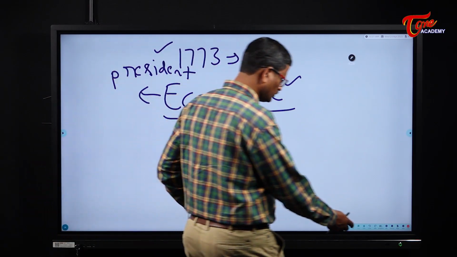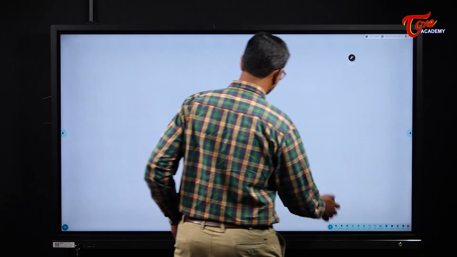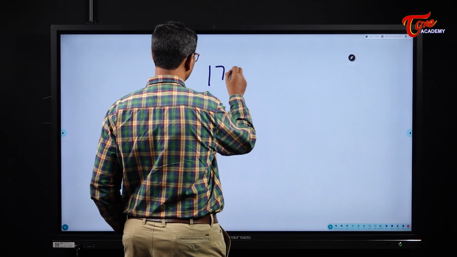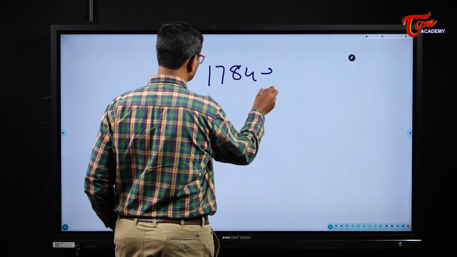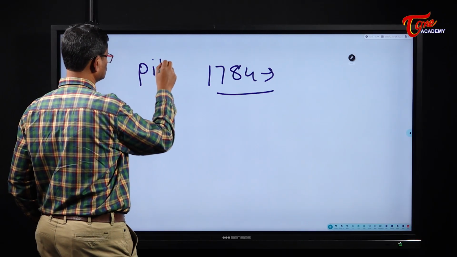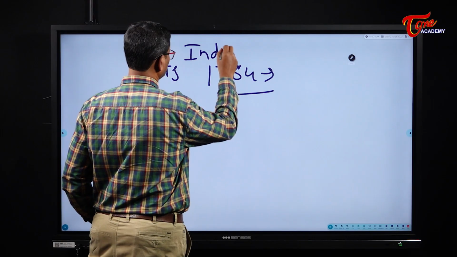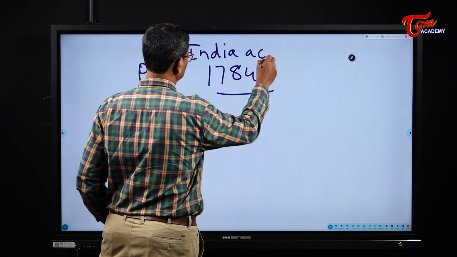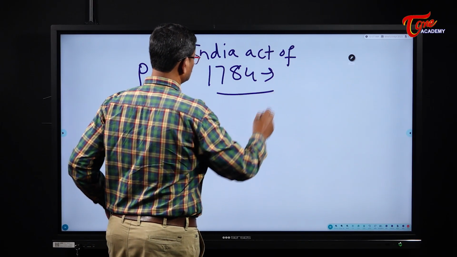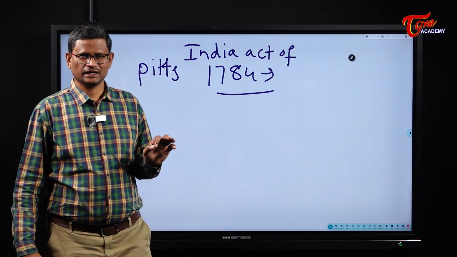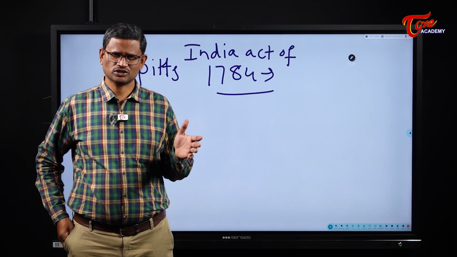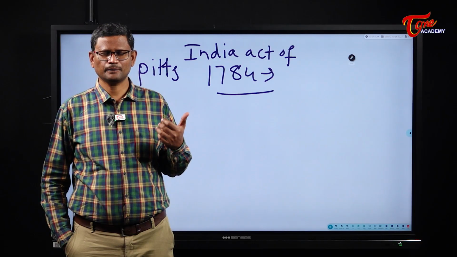Then in 1784, we have one more legislation, Pitt's India Act of 1784. So the name Pitt is taken from the then Prime Minister of United Kingdom, William Pitt.